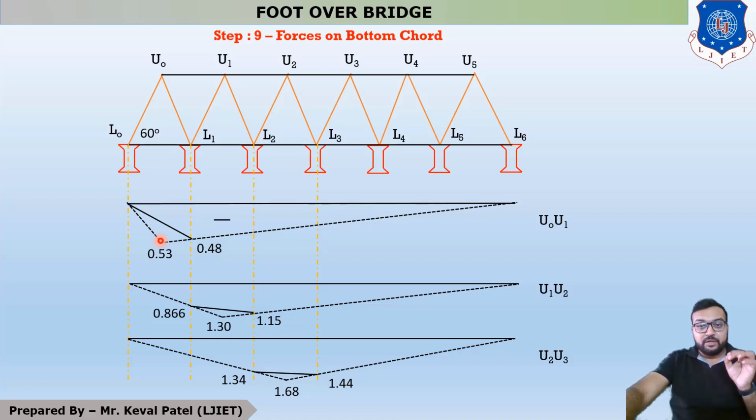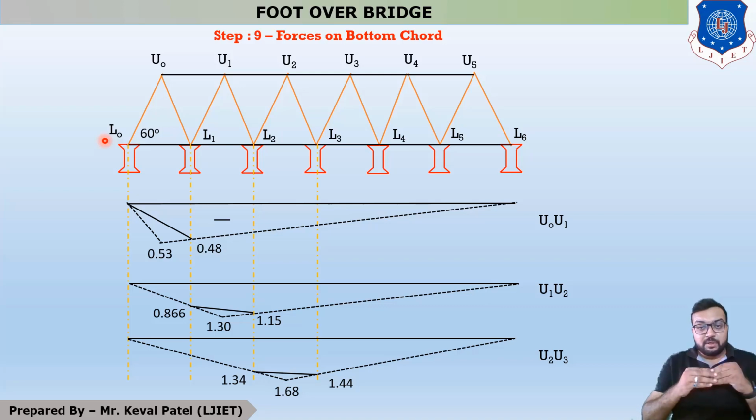The equation is A into L minus A, divided by L into H, in which A is 1.5, L minus A is 16.5, divided by L, which is 18 meter, into H. H means 2.6 meter, which was calculated in our step number 1. After putting in all these values, you will get 0.53.